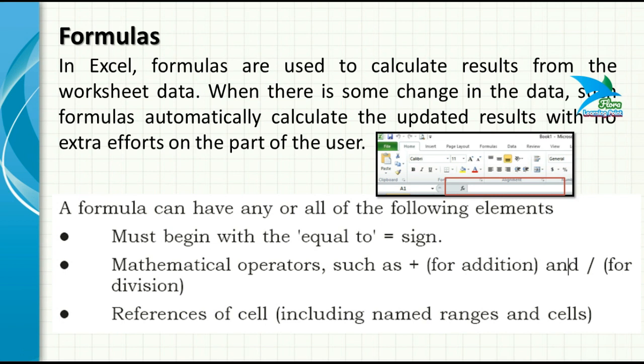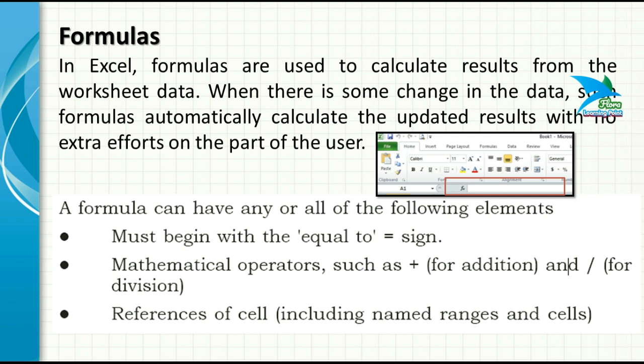In Excel, formulas are used to calculate results from worksheet data. As we discussed in the previous slide, formulas are used to perform mathematical calculations on the data available in a worksheet. When there is some change in the data, the formula automatically calculates the updated result with no extra effort.